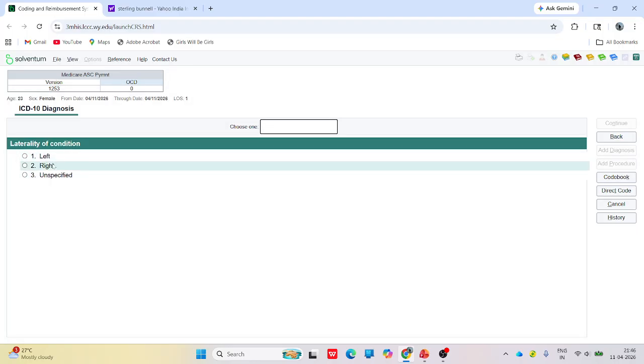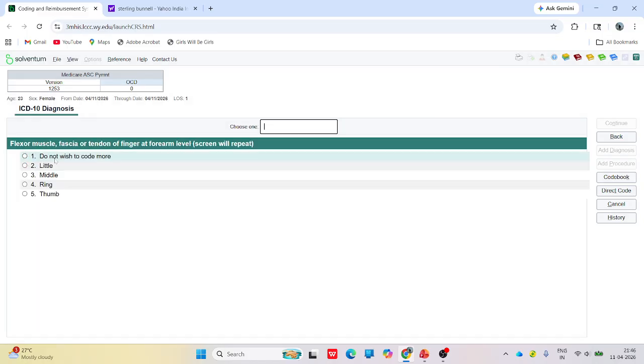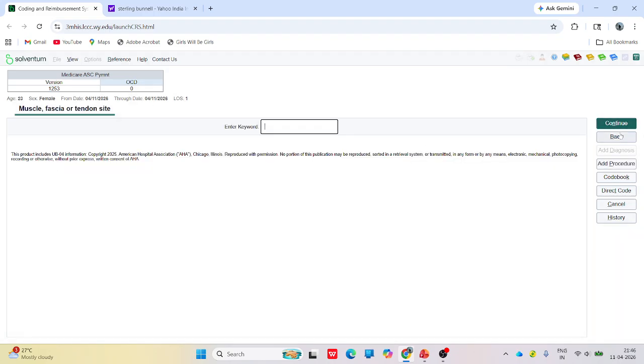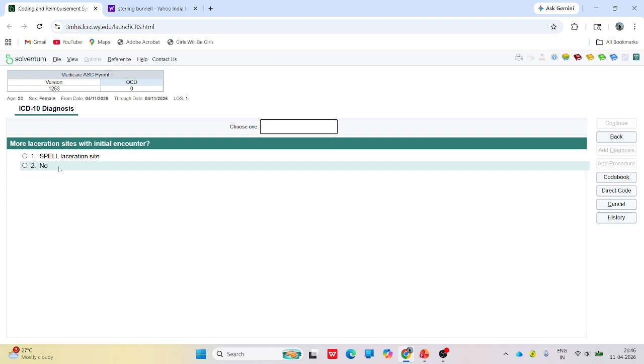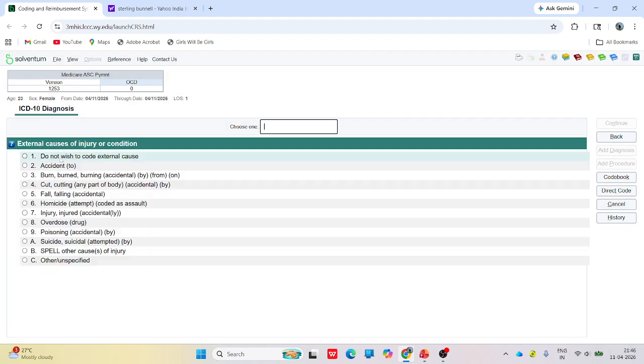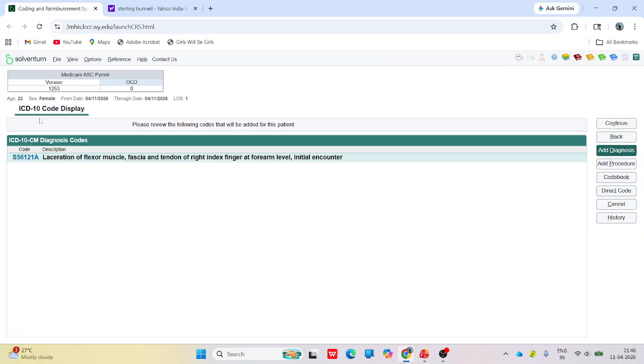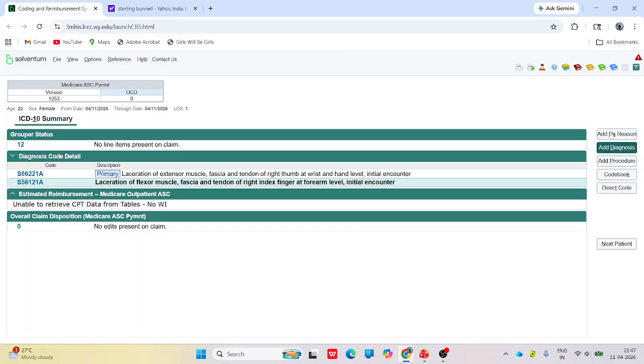Index finger, right side, initial. So this one is laceration of the flexor muscle, fascia and tendon of the right index finger at the forearm level. So this one is the ICD.